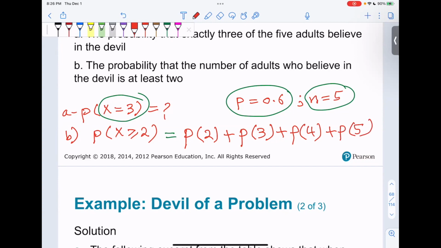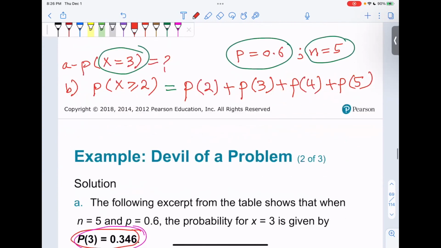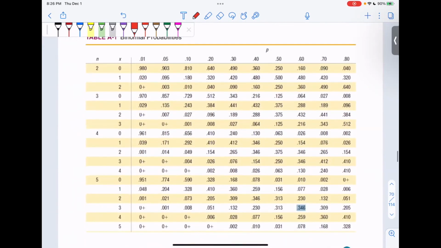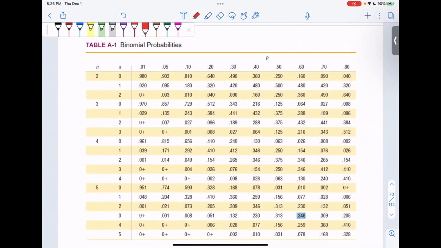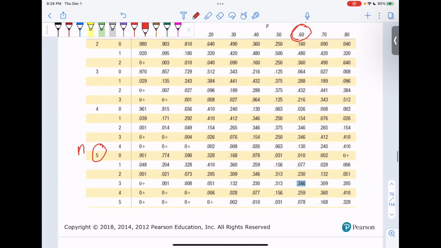This is the probability. So we have to find the probabilities for 2, 3, 4, 5. Let's see here. We still have the same p and n, and then we have the values from 2 up. So we will add all those values together.